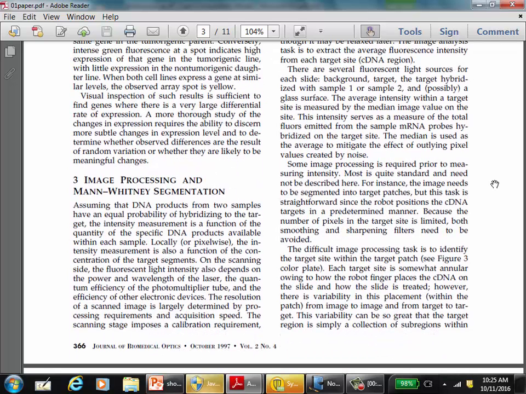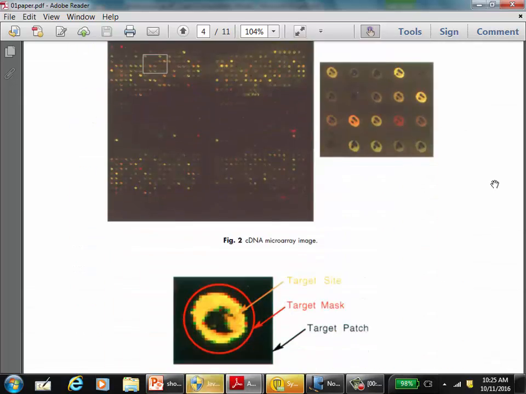So next we move on to how you extract the information that you need about the spots from the microarray. The typical microarray image is going to look like this, right? You have green dots, red dots, and yellow dots. So first of all, you know where the robot went.